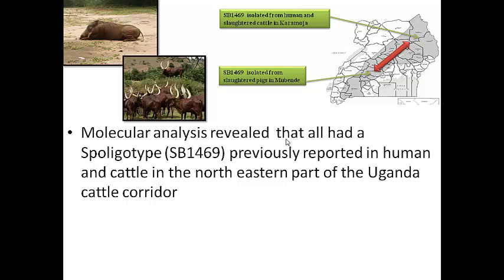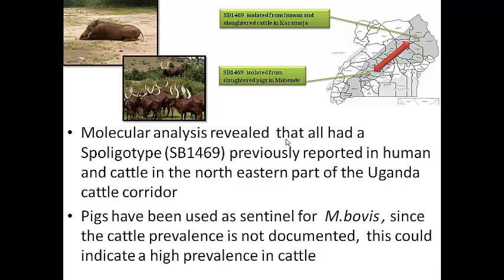So we believe that the pigs are only getting it from another host that is normally supposed to carry it. Now, given that no study has been done on M. bovis in cattle in Mubende district, we would use pigs as a sentinel, an indicator of what probably is going on in cattle, and this would seem to indicate that the cattle are much more affected with M. bovis. But given that there's no study, this would only be speculative.